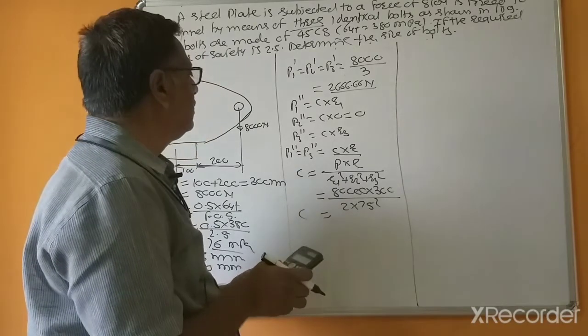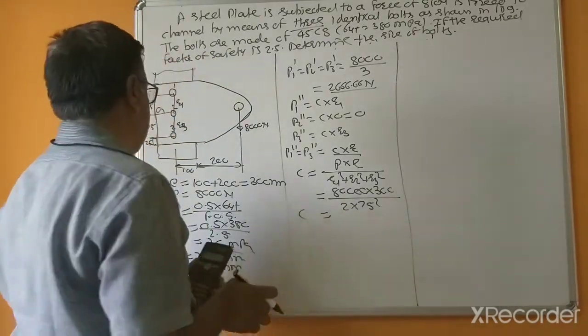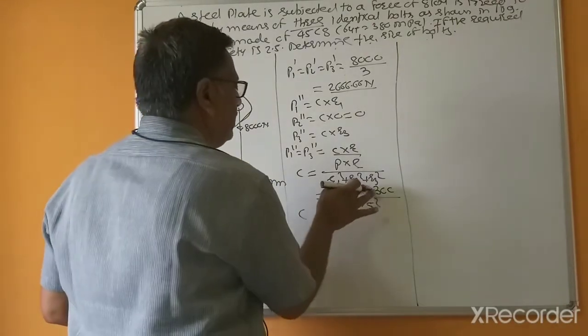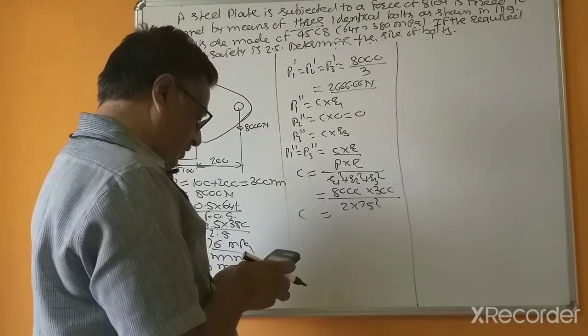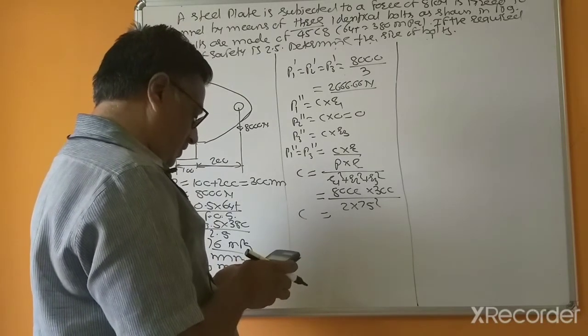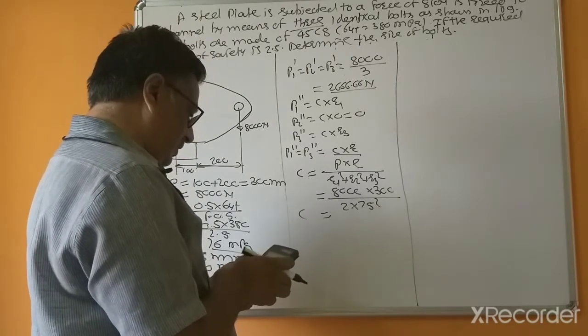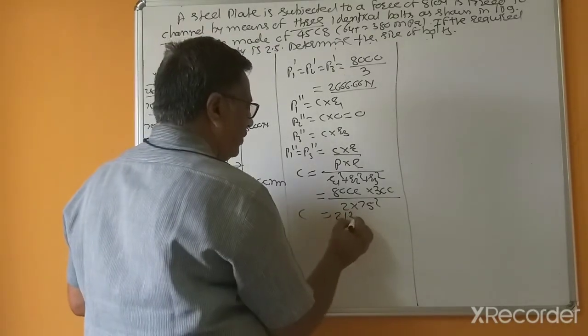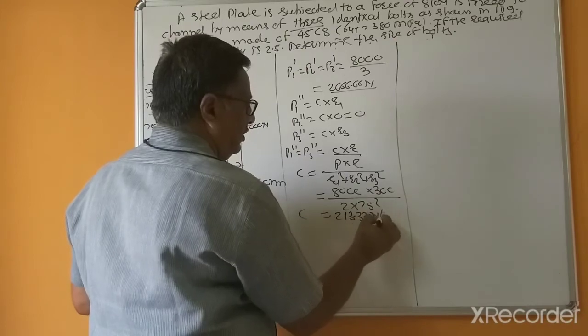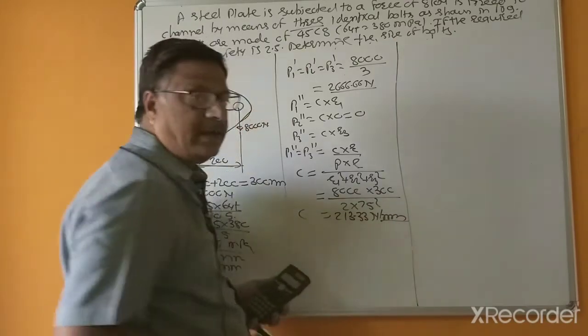C equals, this is not 80,000, it is 8,000 multiplied by 300 divided by 2 divided by 75 square, and this is 213.33 Newton per mm.